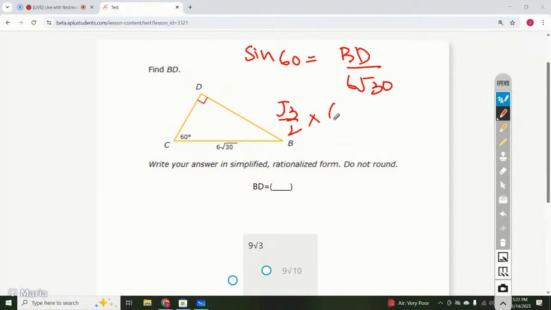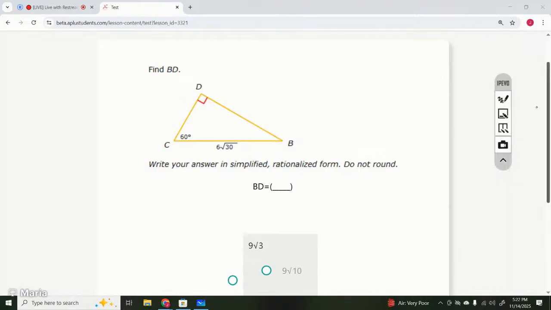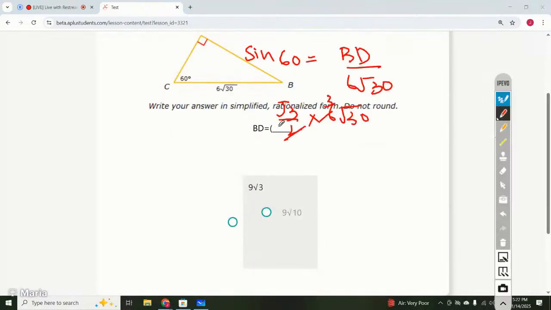So square root 3 by 2 times 6 square root 30. 2 times 1 is 2, 2 times 3 is 6. 3 times 3 square root 30, right?